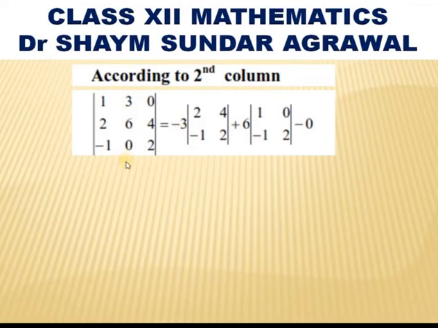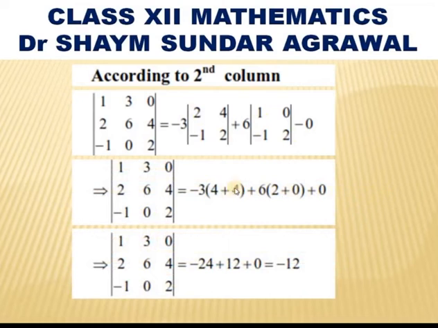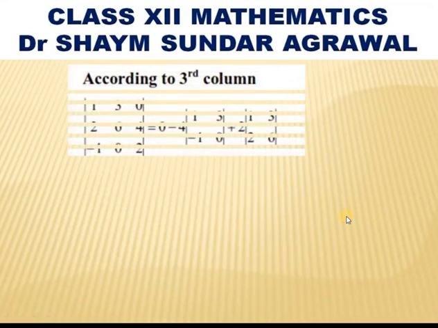So, minus of 3 into, after deleting the first row and third column, the elements are minus 2, 4, minus 1, 2, plus 6 into the determinant after deleting the second row and second column, 1, 0, minus 1, 2, minus 0 into something, no need to write that. So, it is minus 3 into 4 plus 4, plus 6 into 2 plus 0, which equals minus 3 into 8 is minus 24, plus 6 into 2 is 12, which equals minus 12.